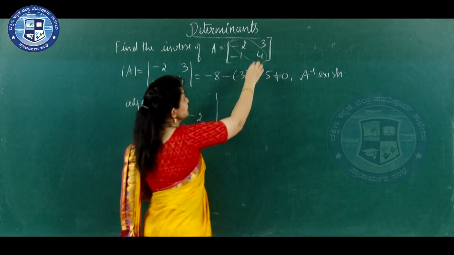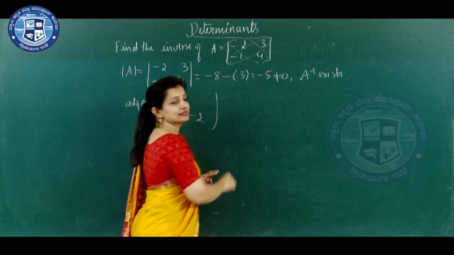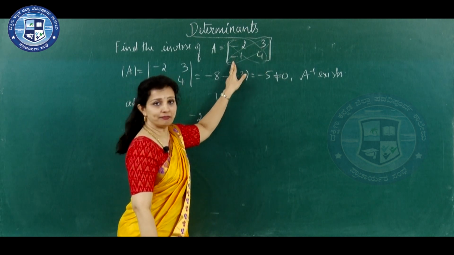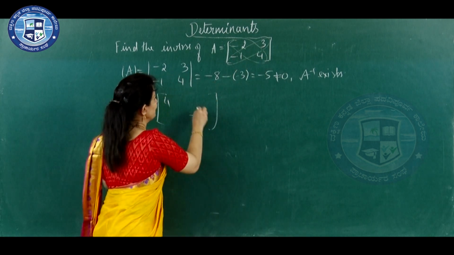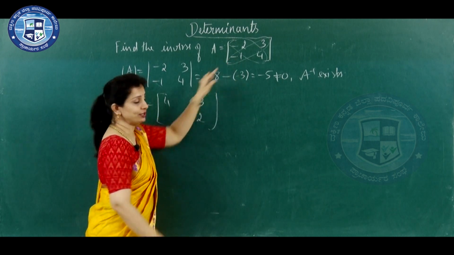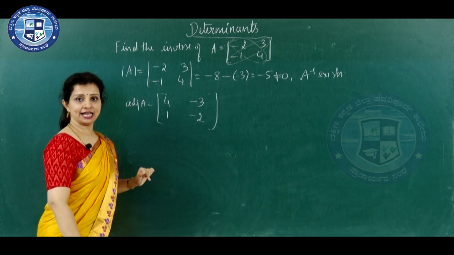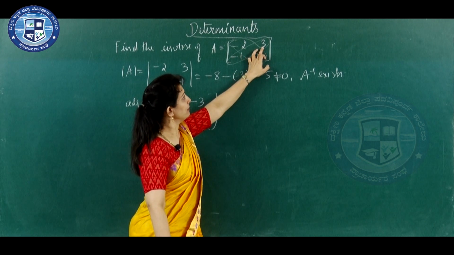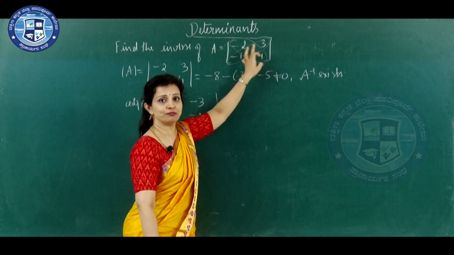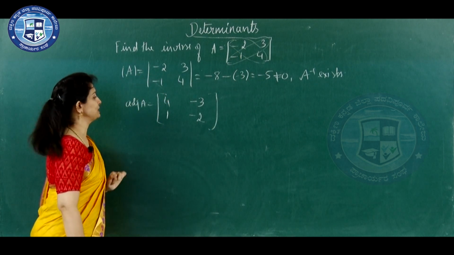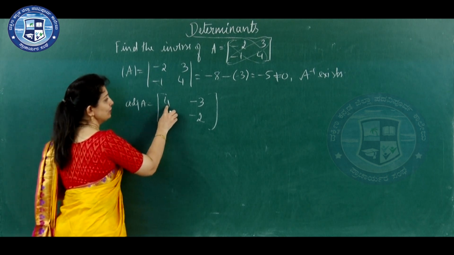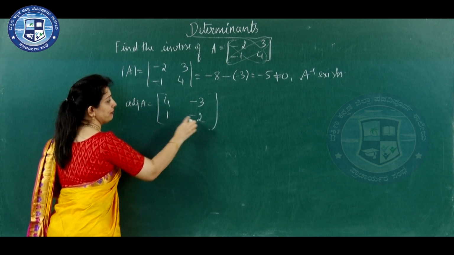Then change the sign of the other two elements. The other two elements are 3 and minus 1. 3 changes to minus 3, minus 1 changes to plus 1. So adjoint A is [4, -3; 1, -2].